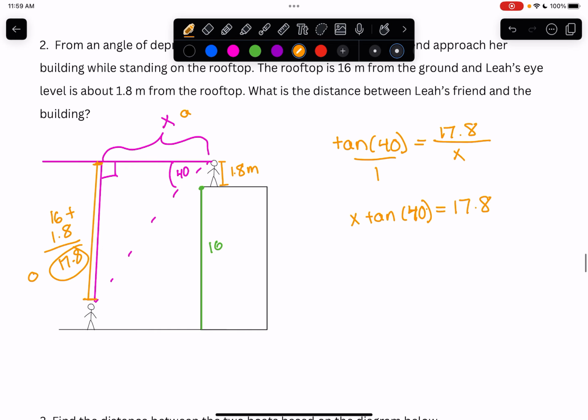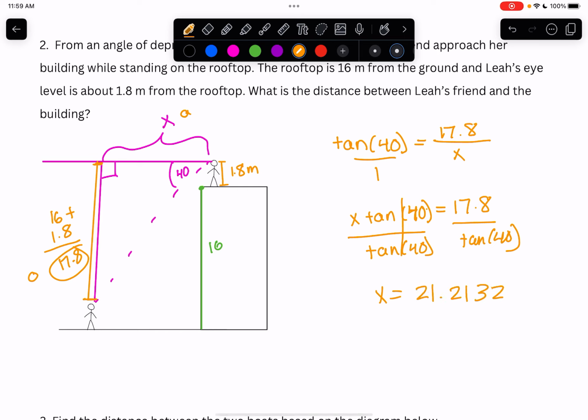Because x is not by itself, I have to divide both sides by tangent of 40. So in your calculator, all you're doing is 17.8 divided by tangent of 40, and you're going to get 21.2132... If I tell you to round it to the nearest tenth, it should be 21.2 feet.